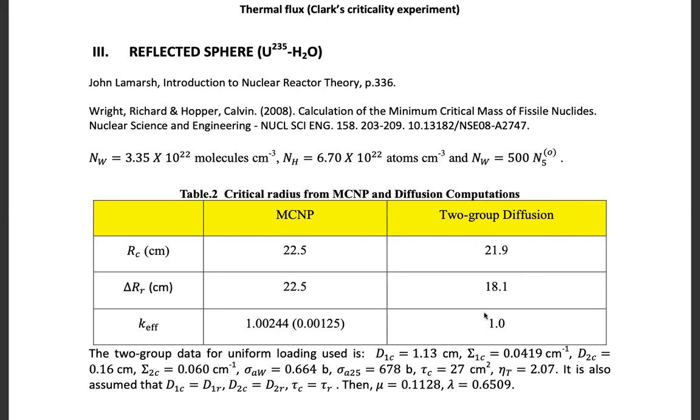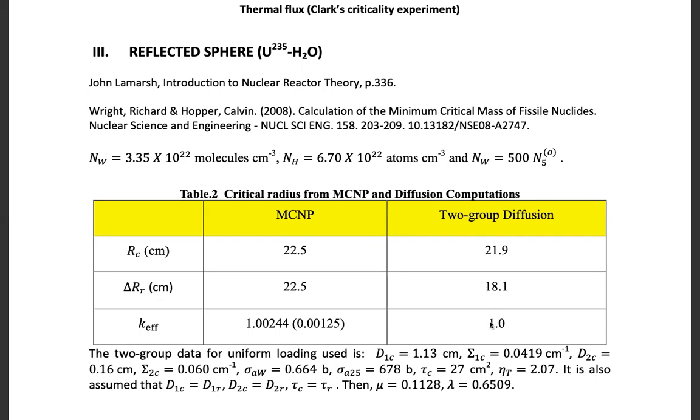Now the results in Lamarche are written here: he gets a two-group result of 21.9 centimeters for the critical radius of the core, and the thickness of the reflector he gets as, I think, 18.1 centimeters. You can check the book. So this adds up to about 40 centimeters.